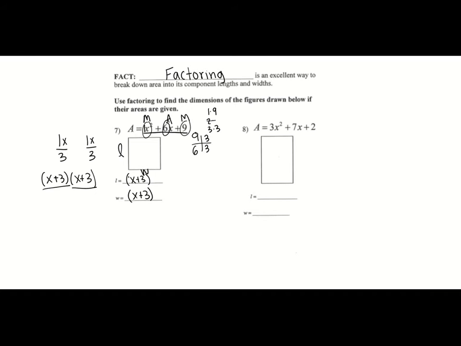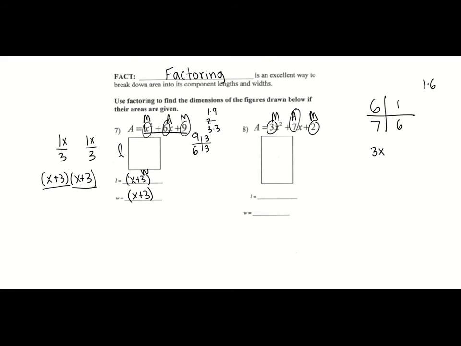So let's do one more. We label our MAM. We have 3 times 2 is 6, and then we add them to get 7. So we start at 1 times 6. 1 plus 6 is 7, so that is what we are looking for. We break 3x squared.